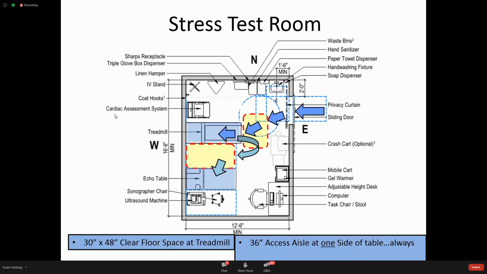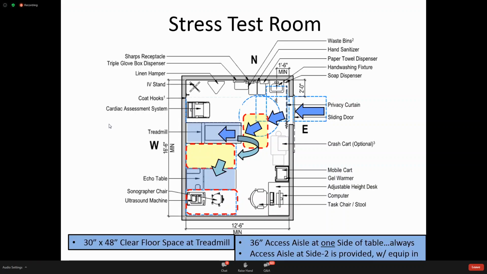And this is a debatable thing. So I'd like to tell you that that one side only is what you're required by code to have, but in fact, you're going to have to provide access on the second side. Now, we're getting into using up an awful lot of real estate. So we've got the same ultrasound machine issue on this. And personally, I'm willing to accept that the ultrasound machine will be living in a space that's technically in that second clearance area.